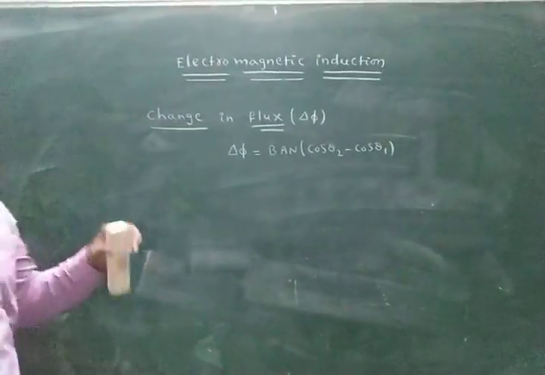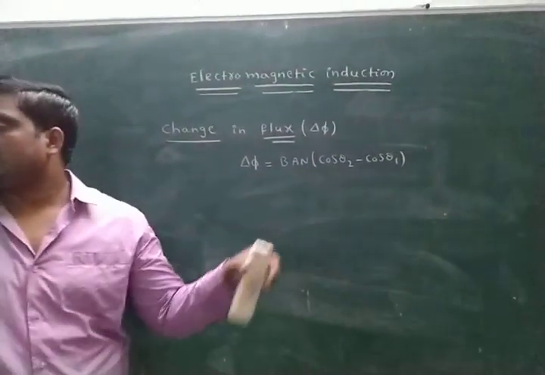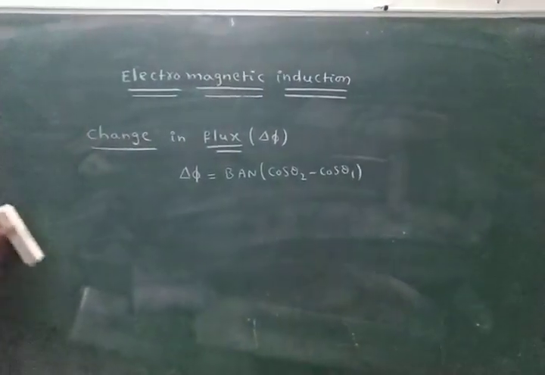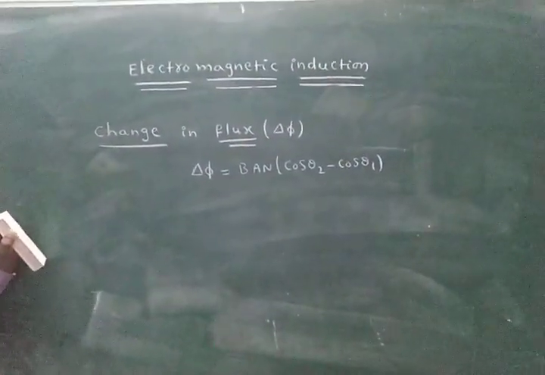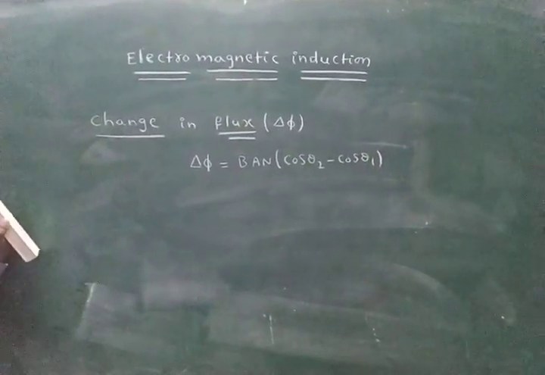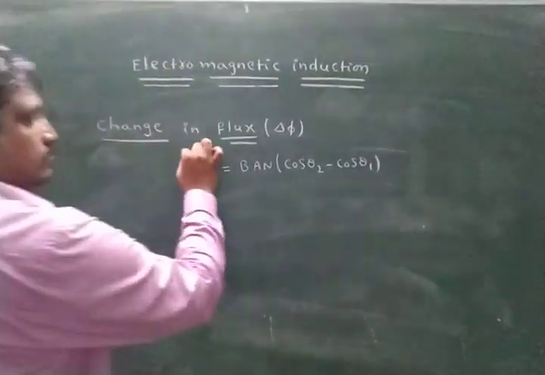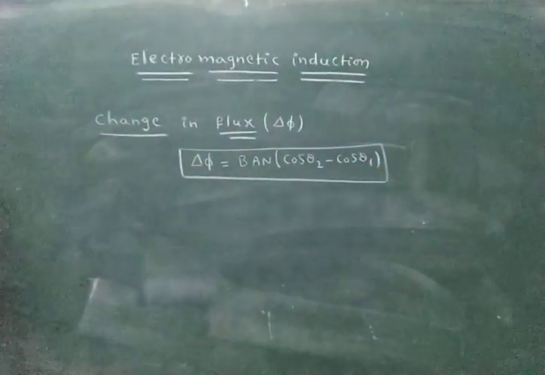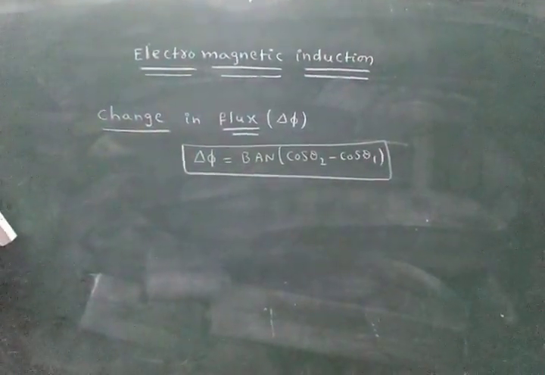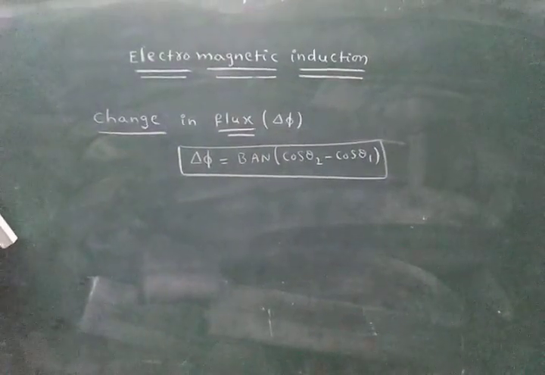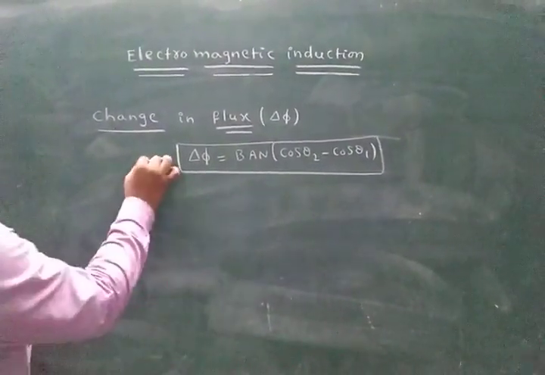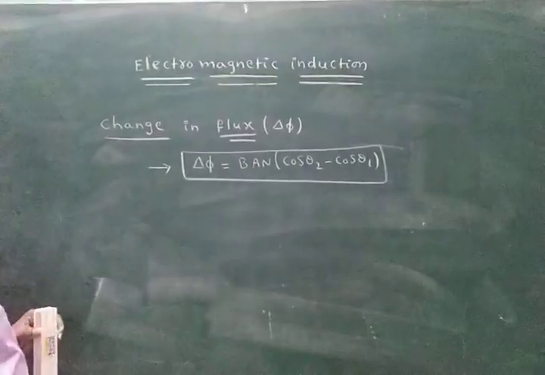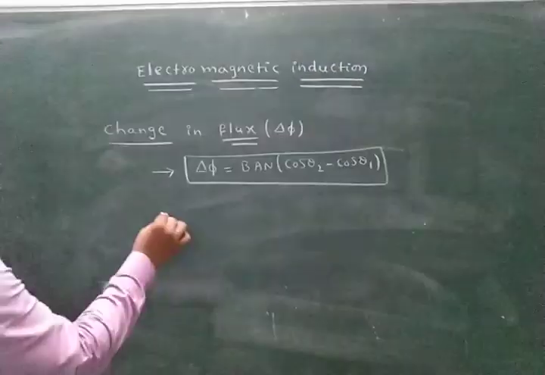Okay, the change in flux formula is BAN into cos theta 2 minus cos theta 1. In this situation, this is the formula for change in flux.